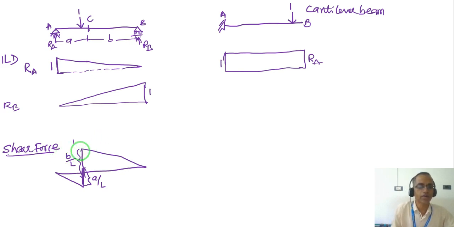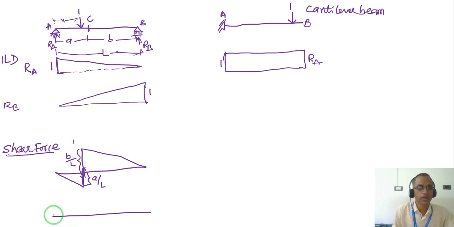So this ordinate will be B by L, assuming that the entire length of the span is your L. Similarly, if I am looking for a bending moment at a section C, simply I can see a unit load moving from point A to C at a distance, let us say x, right?